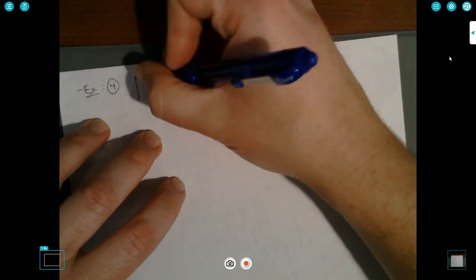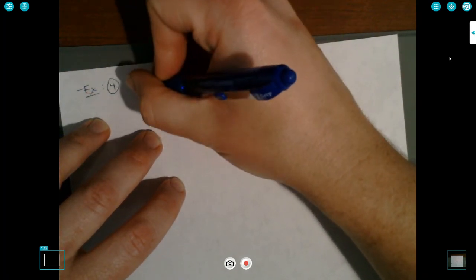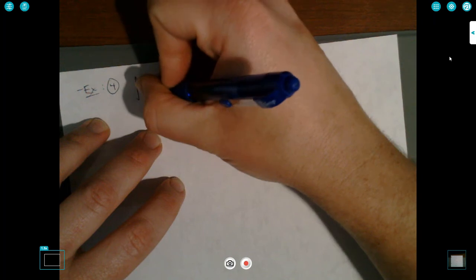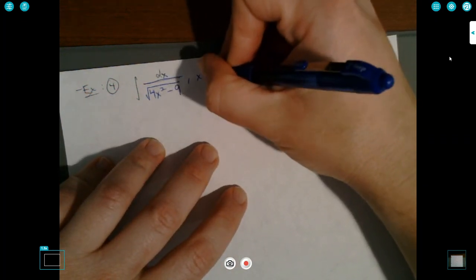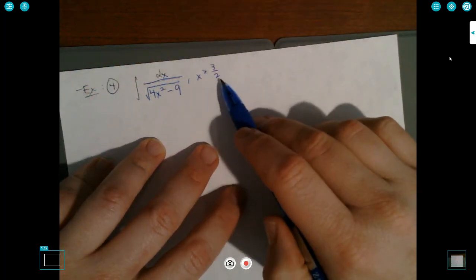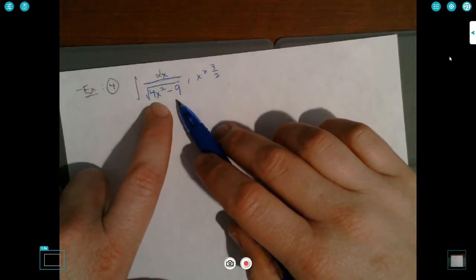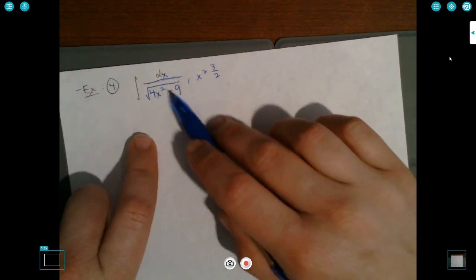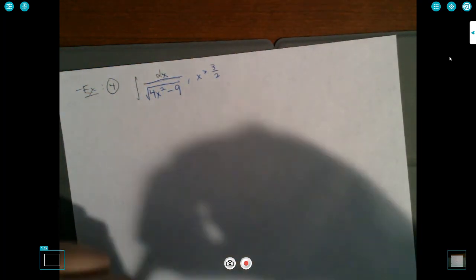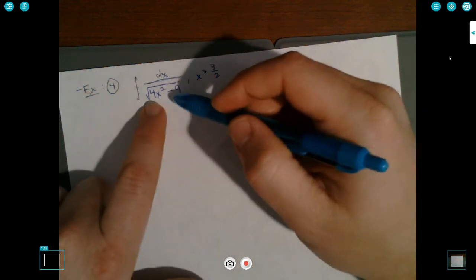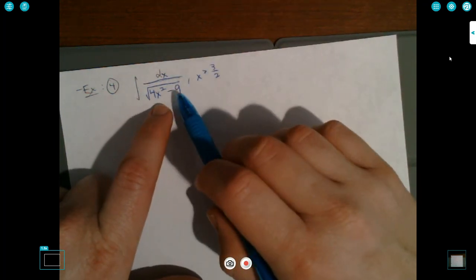Dx over the square root of 4x squared minus 9 for x greater than 3/2. That requirement is only there to make sure that our integrand is defined, right?